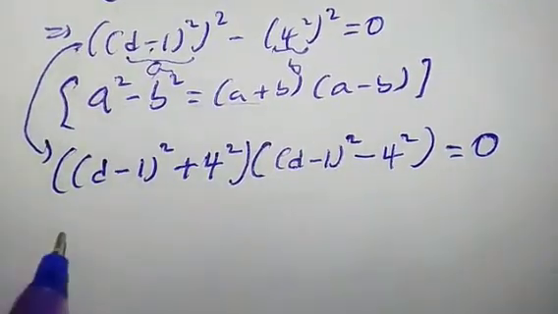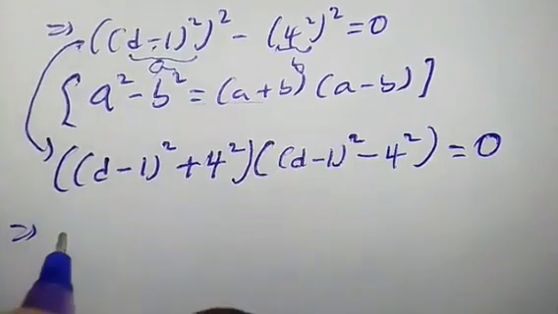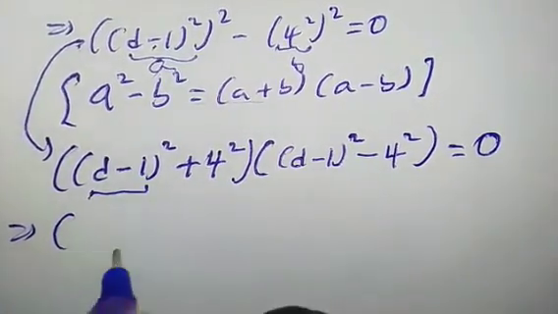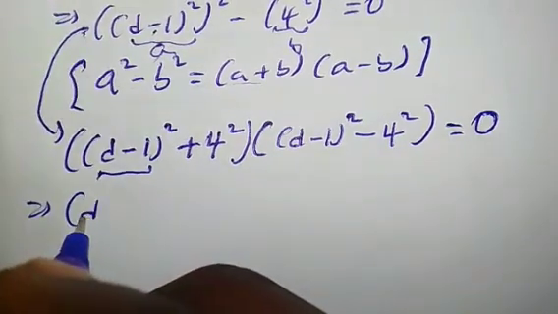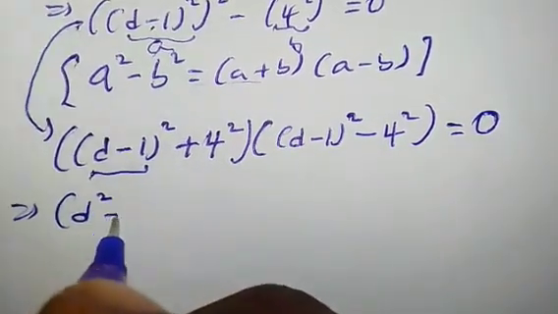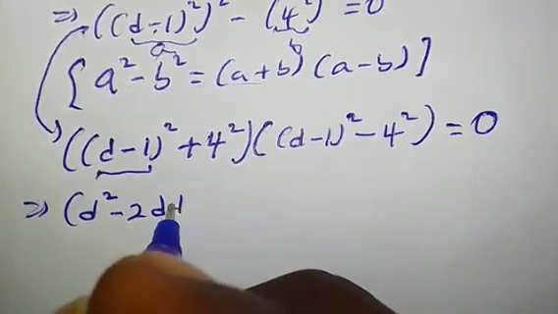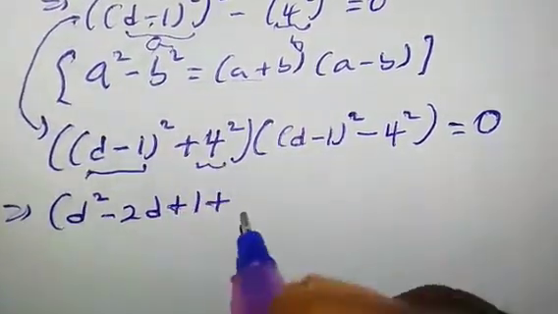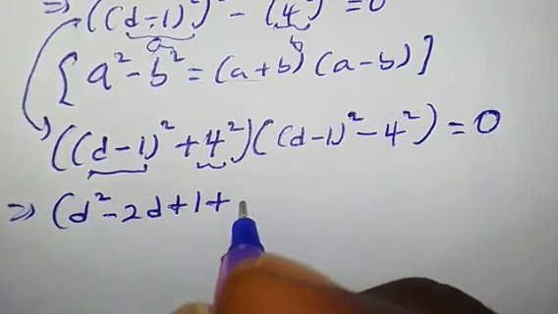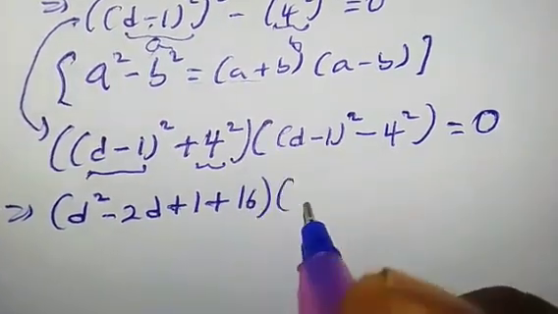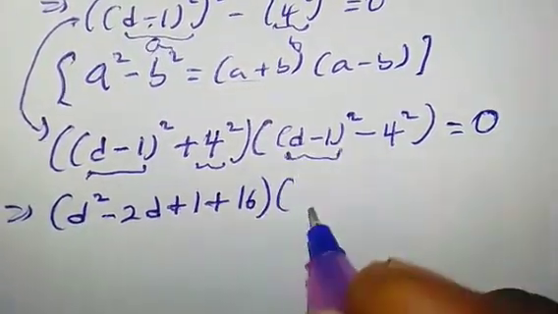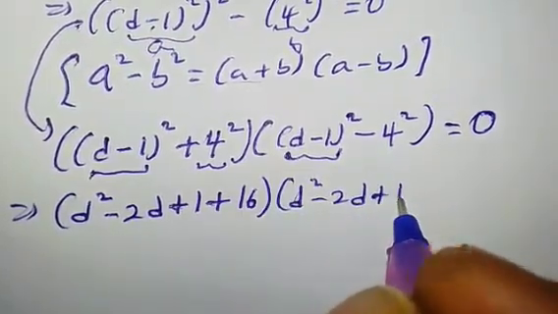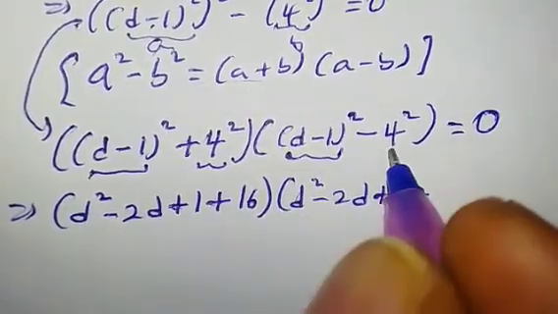Let's continue. This implies that if you expand (d − 1)^2 very well, you're going to have d^2 − 2d + 1, plus what is 4^2? That is 4 times 4, 16, close bracket, times. Expanding this also very well, we have d^2 − 2d + 1 minus what is 4^2?